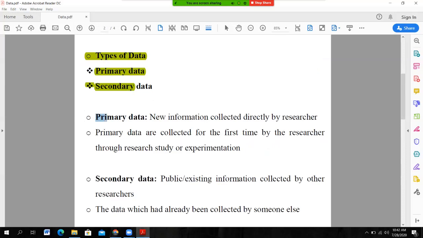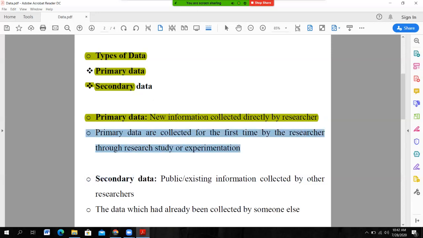Primary data is actually new information collected directly by the researcher by means of experimentation. So primary data is collected for the first time by the researcher through research study or experimentation.